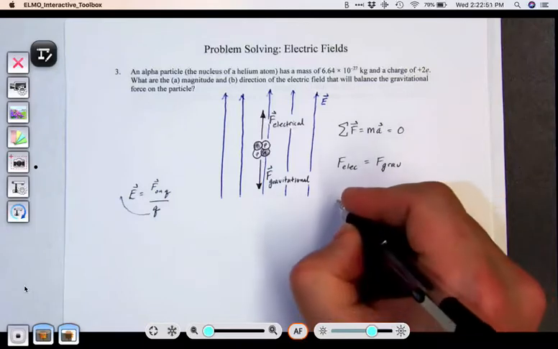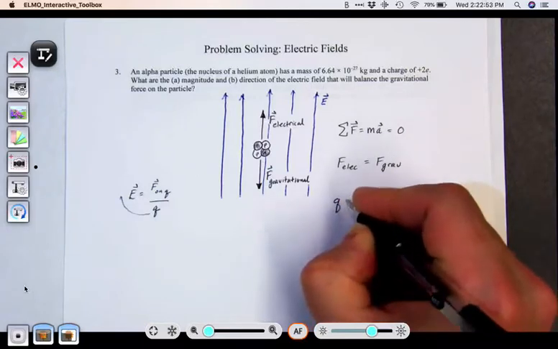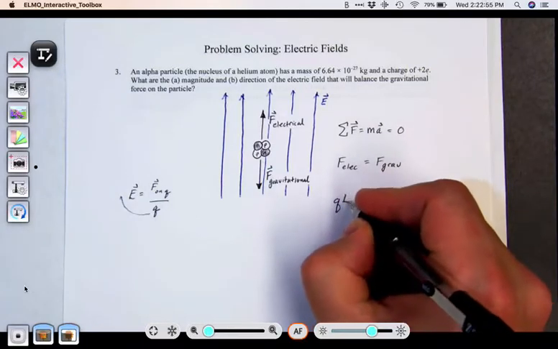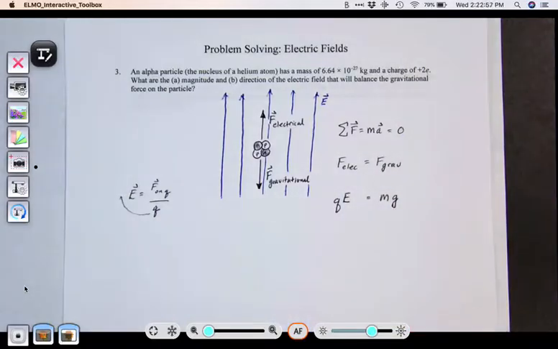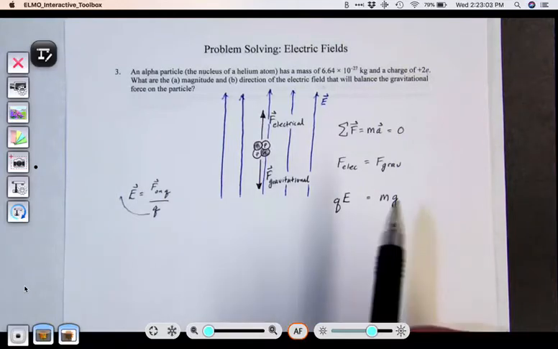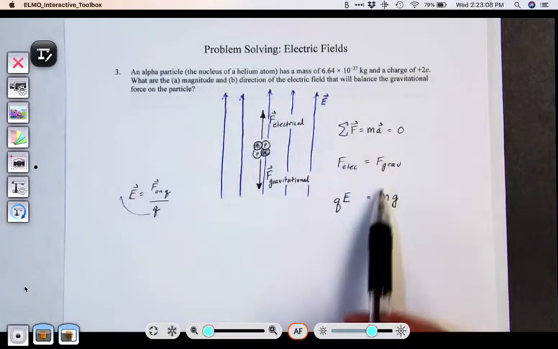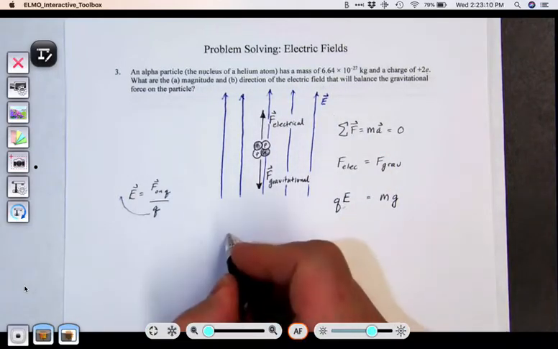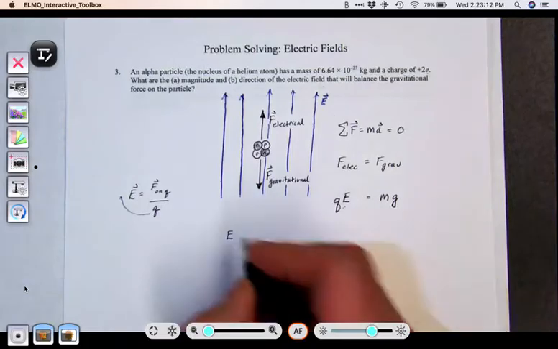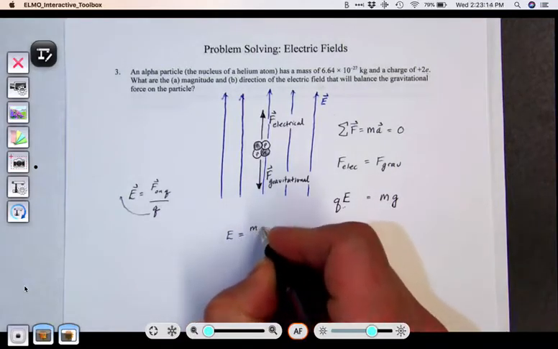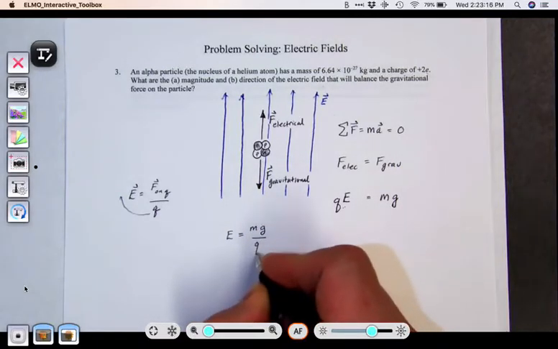And an electrical force on a charge is equal to the strength of that charge times the strength of the electric field that it's sitting in. All right, we've almost got what we need. We want to find the magnitude of the electric field, that's E. So algebraically, we would move Q to the other side. I've got mg over Q.